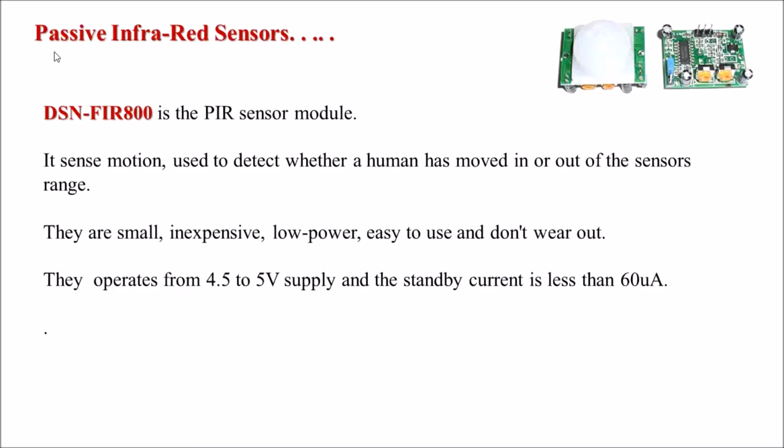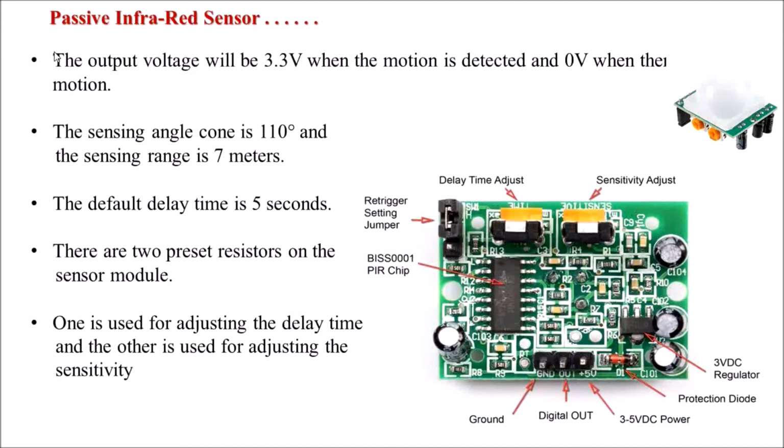They operate from a 4.5 to 5 volt supply and the standby current is less than 60 microamperes. The output voltage of this PIR sensor will be 3.3 volts when motion is detected and 0 volts when there is no motion. The sensing angle cone is 110 degrees and the sensing range is 7 meters.